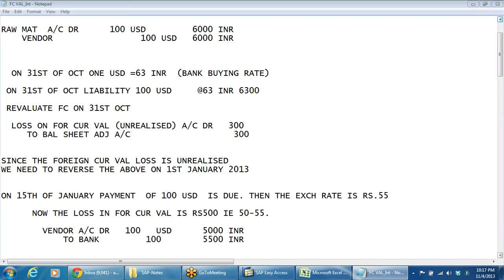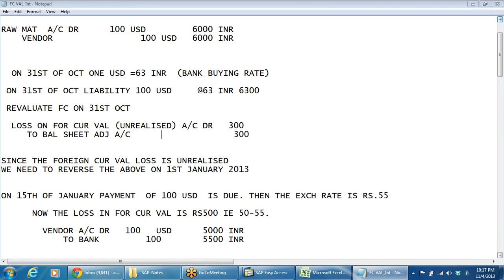Okay. So loss on foreign currency valuation unrealized account debtor to balance sheet adjustment account. This balance sheet adjustment account will be nullified, and because there is an increase in the exchange rate, I need to book this expenditure.